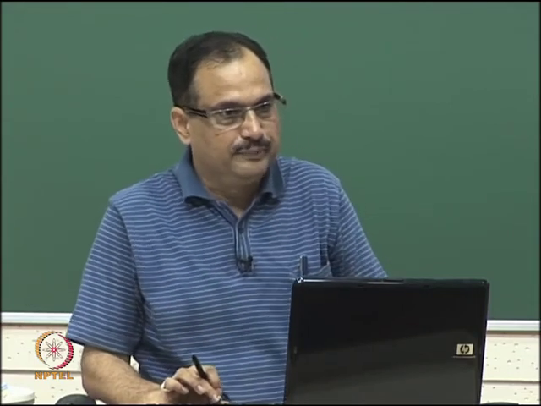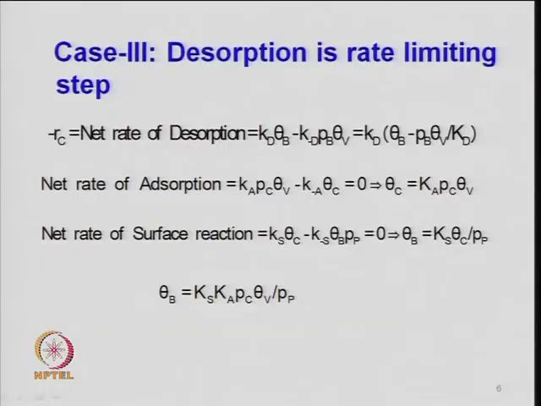The third case may be that desorption is the rate controlling step. I will quickly go through these steps, because you now know the procedure. When desorption is rate controlling, the net rate of desorption is equal to the rate of forward reaction minus the rate of backward reaction.